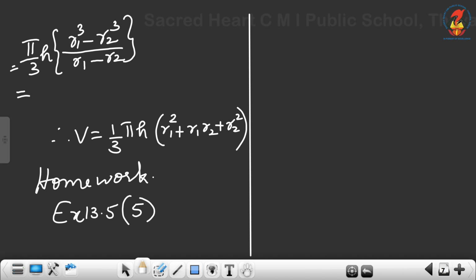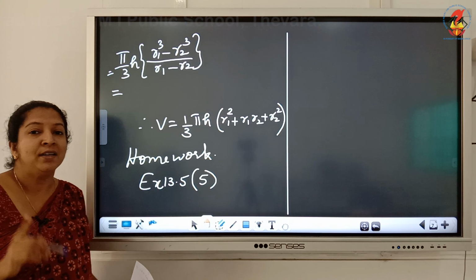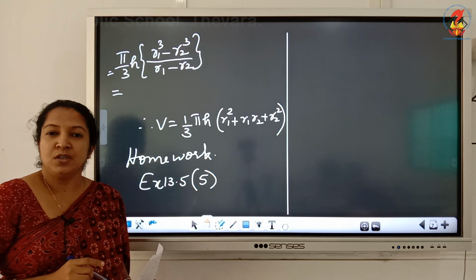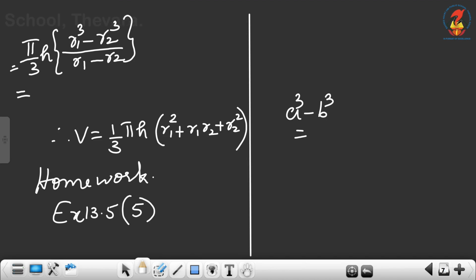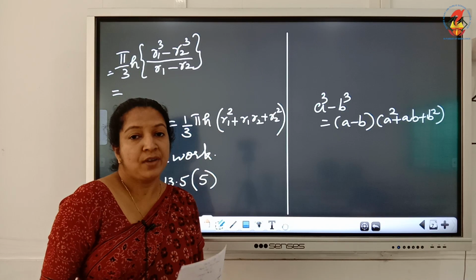You have to use the expansion of R1 cube minus R2 cube. So it is a cube minus b cube. The expansion is a minus b into a square plus ab plus b square. This is the expansion of a cube minus b cube.